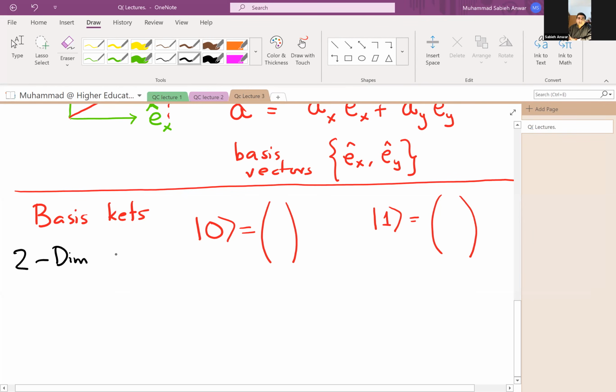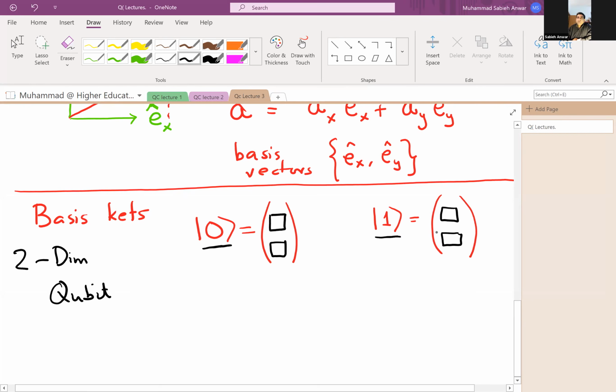The dimensionality of our Hilbert space is 2, and such a system is called a qubit. So our column vectors, which represent the basis states, ket 0 and ket 1, must have two entries, like this. Now it's very convenient.